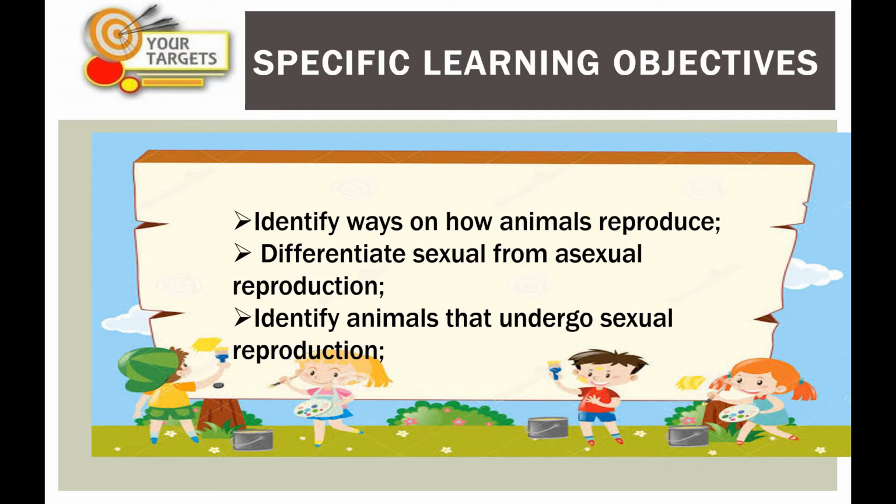Third, identify animals that undergo sexual reproduction. Fourth, distinguish animals that undergo asexual reproduction. And fifth, explain the importance of reproduction in animals and its relationship to extinction.